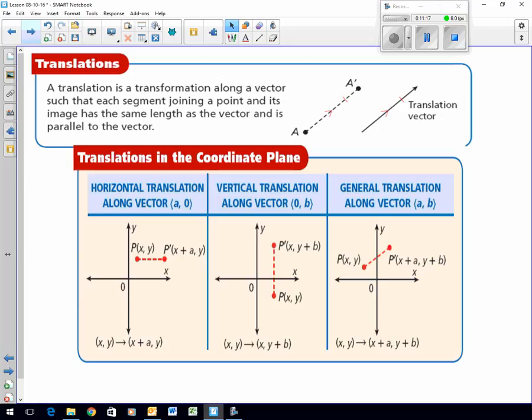And then I have a general translation along the vector. This is where the whole parallel line thing comes in. If I move something along a vector, that means I move it the exact same slope as I have on my original line.